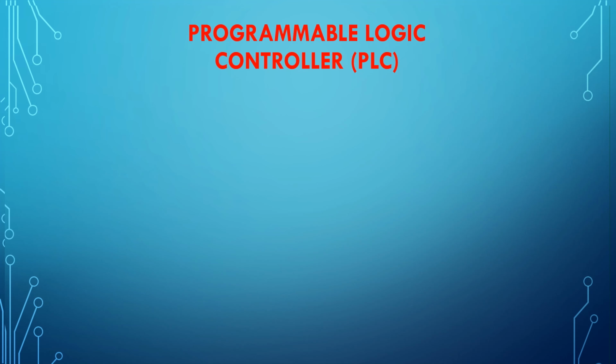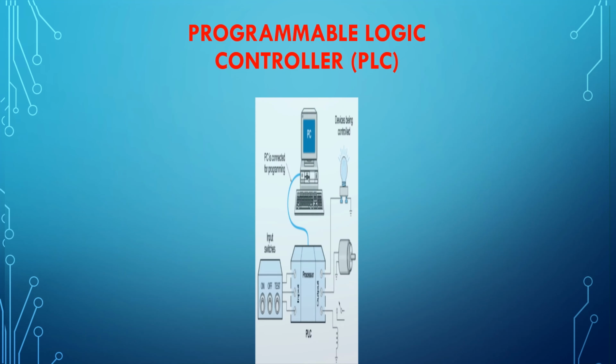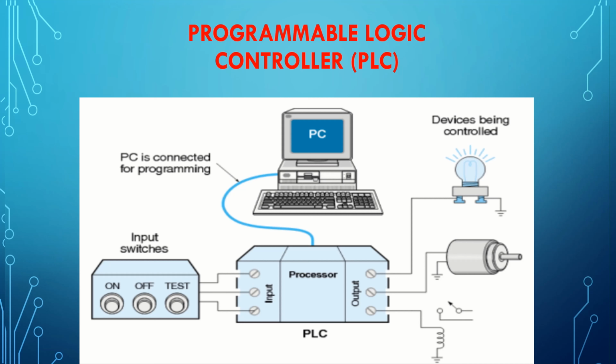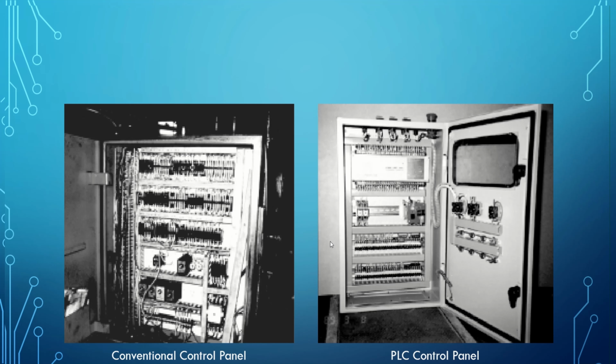Here is the overview of a simple PLC. We have a computer for programming, a processor, input switches, and output devices, which are motors, lamps, etc. In the picture, we can see the conventional control panel and the PLC control panel.